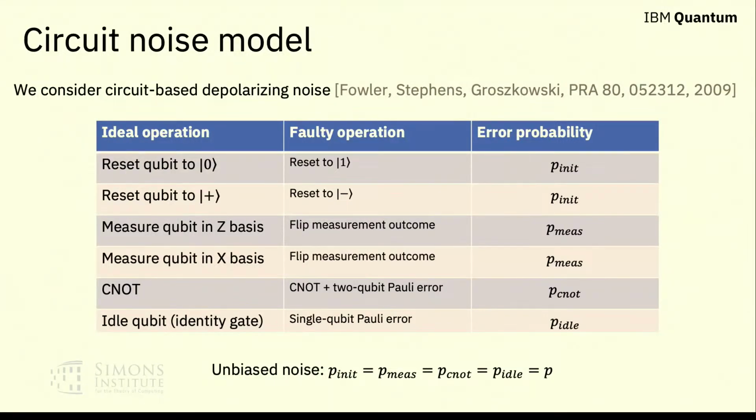We can measure those qubits in Z or X basis. And we can do C-naughts or idle gates. Each of these could, in general, have their own separate error probability. For our noise, which is just the simplest case imaginable, we set all of these probabilities equal to p.